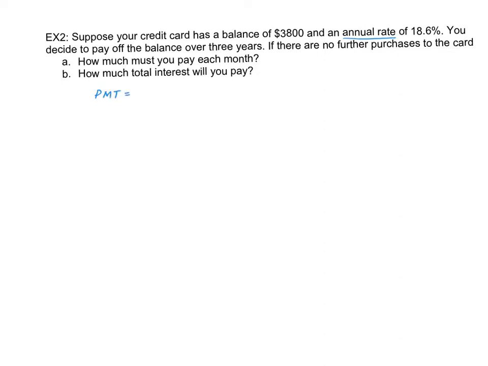Remember that payment formula was P times R over N over 1 minus parentheses 1 plus R over N. The exponent was negative NT. And that's because we're not using the card. We're not making any new purchases.